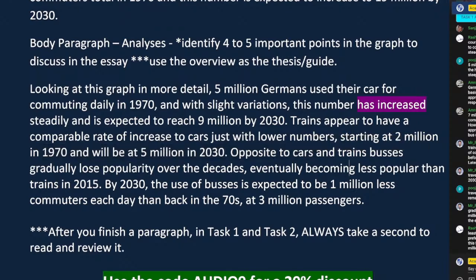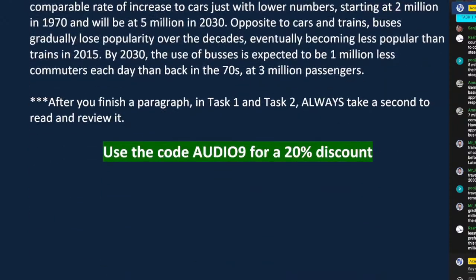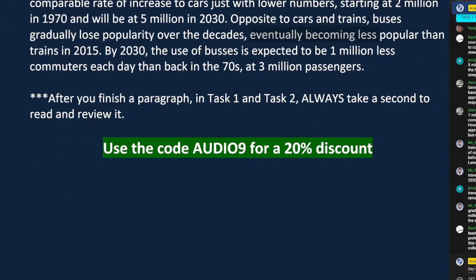Opposite to cars and trains, buses gradually lose popularity over the decades, eventually becoming less popular. Popularity, popular, repetition of words. I want to paraphrase that.